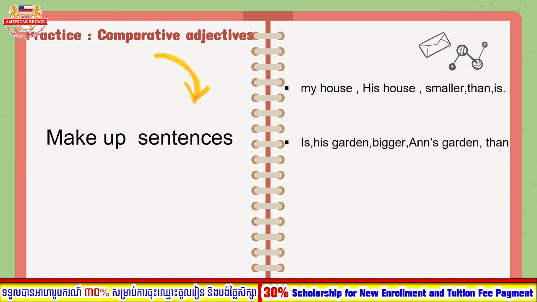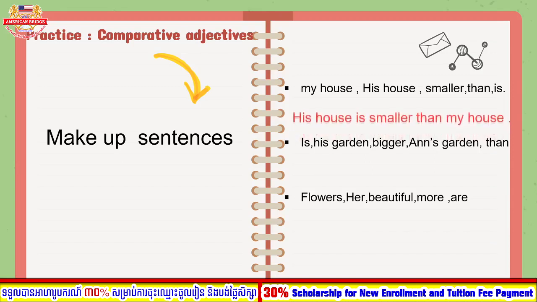The second one is: is his garden bigger Anne's garden? And the other sentence is: flowers her beautiful more and are. So these are not correct sentences, right? You need to arrange them correctly. The first one we put like this: His house is smaller than my house.